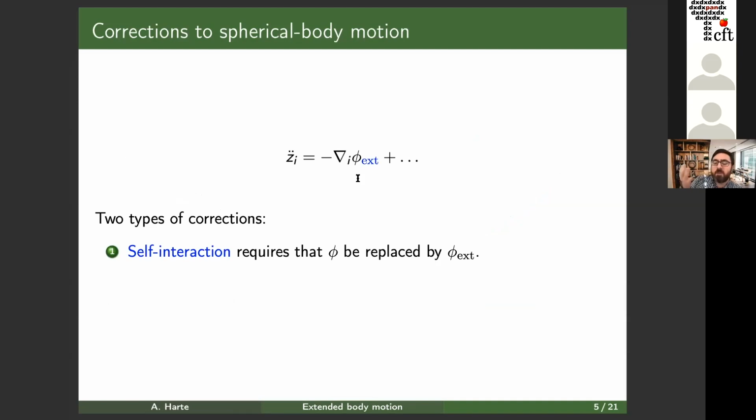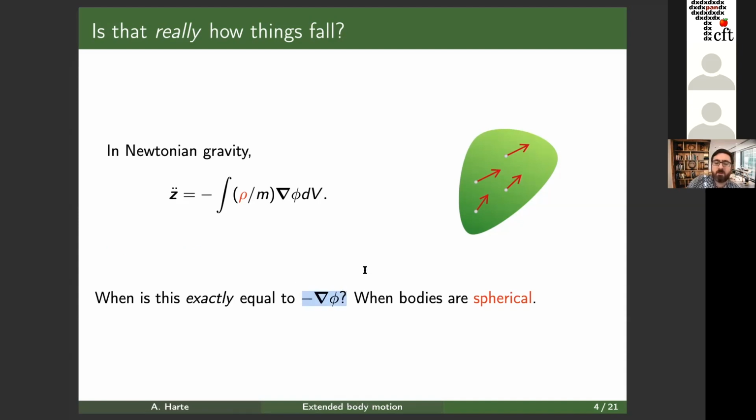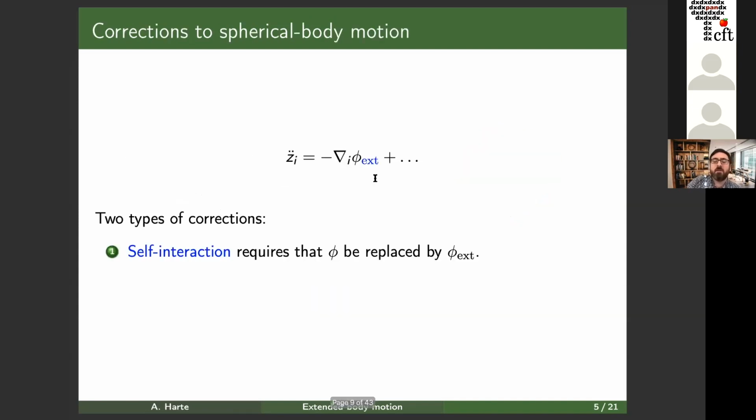So let's look at what happens if you actually try to expand that integral in some sort of sense where this term comes out at first order. There are actually two categories of corrections that you need to make. The first category is kind of a subtle one. It says that I need to add this little subscript here. What this is saying is that you should not be using the actual field gradient at the center of your body, but you need to construct a field gradient of just the external potential, just the potential that's created by everything except the body that you're interested in.